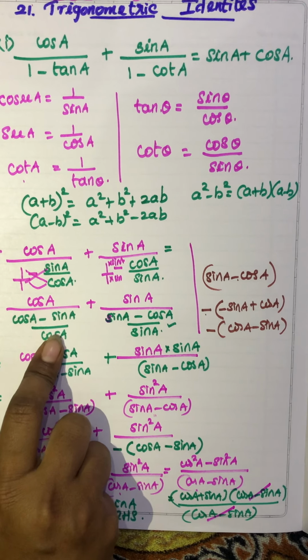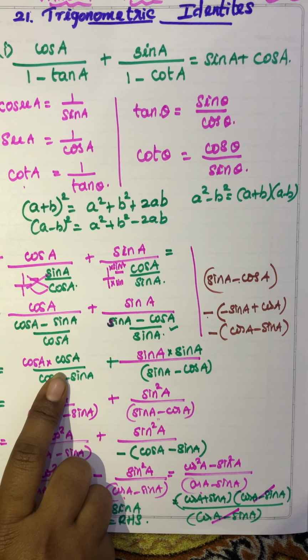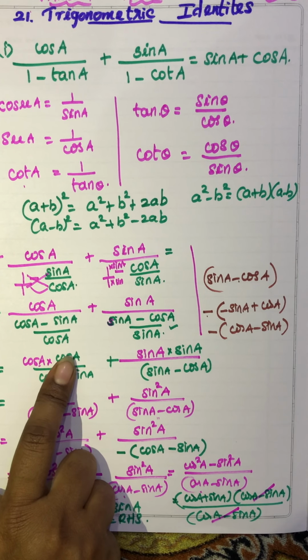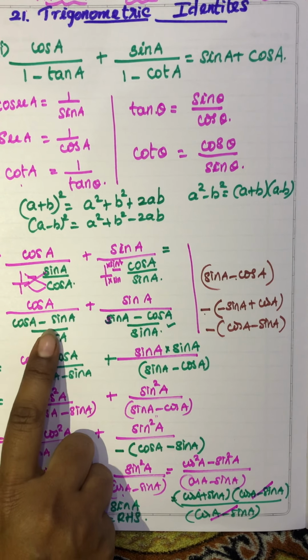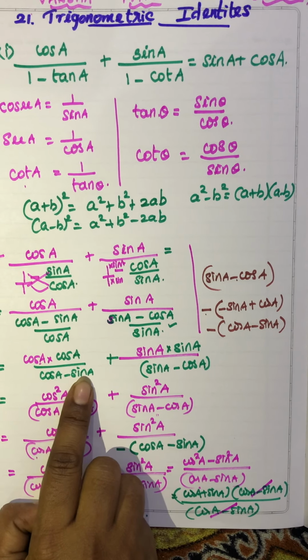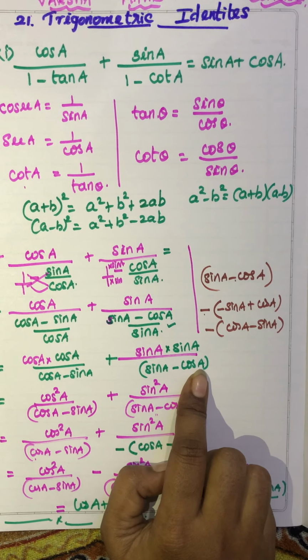Whenever you have a fraction by fraction, the denominator fraction should be taken as reciprocal. So cos A by cos A minus sin A, and sin A by sin A minus cos A.